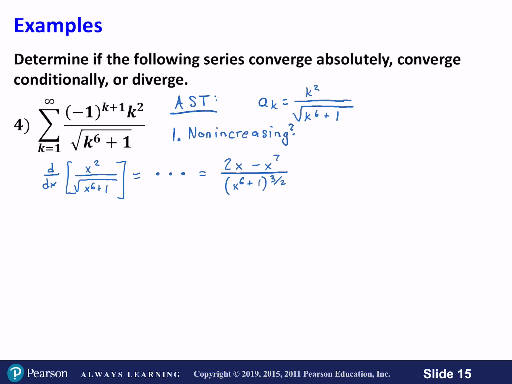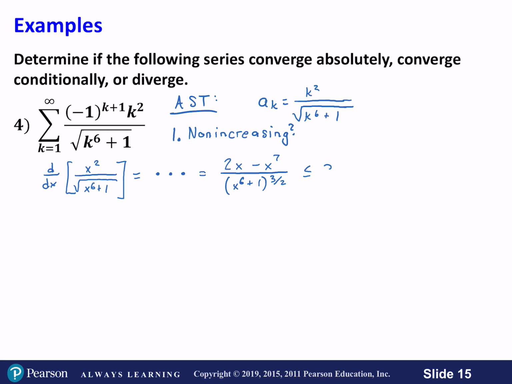So if x was 1, for example, think about it, then we would have 2 minus 1, which is a positive number. But if x is equal to 2, we would have 4 minus 2 to the 7th. 2 to the 7th is 128. So yeah, that would be a negative number.